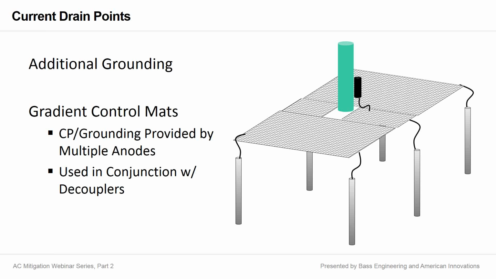Now understand, that is not their design purpose, but you should anticipate some fault current, some AC fault current, or induced AC for that matter, possibly using those magnesium anodes as a discharge point. So consider oversizing that cable.